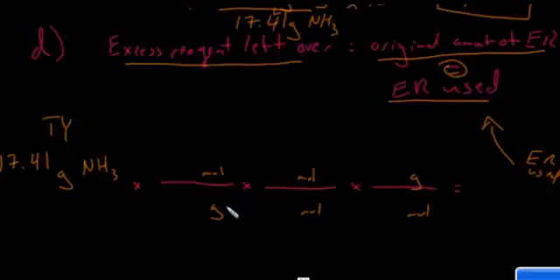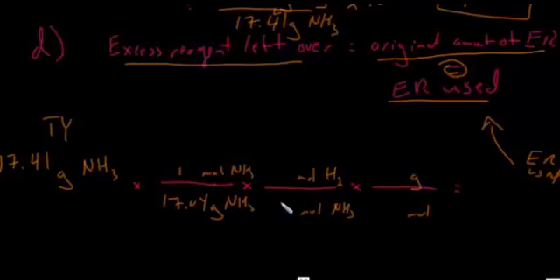Going from NH3 into moles of NH3, and then from moles of NH3 into moles of our excess reagent, which you'll recall was H2. And from the balanced chemical equation, we know that the numbers here are 3 in front of the H2 and 2 in front of the NH3. And then finally, going from moles of H2 into the grams of H2.